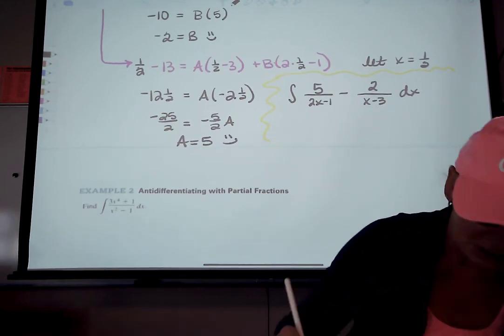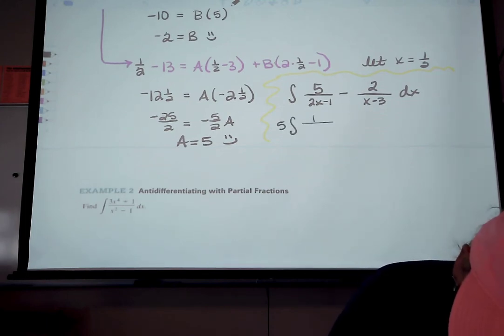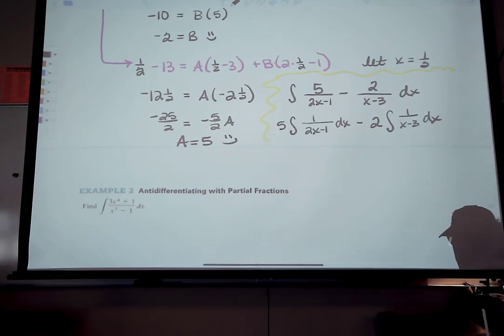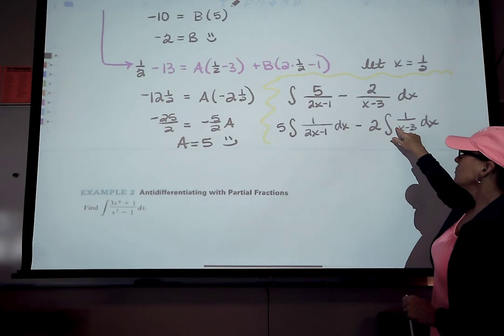I'm going to separate into two integrals. I'm going to pull the 5 off. 5 antiderivative 1 over, minus, pull the 2 off, antiderivative 1 over. This one's going to be an easy one because there's only a 1 in front of that.